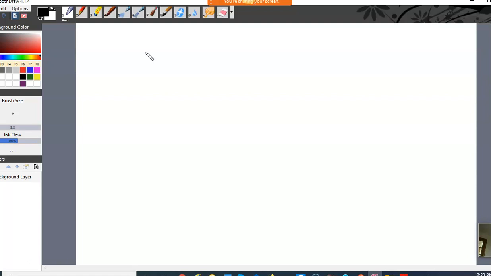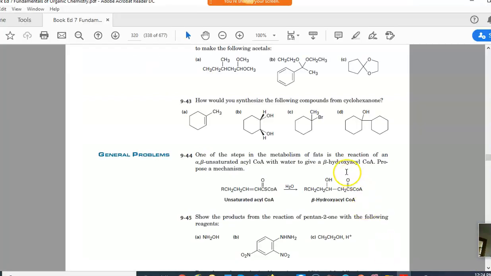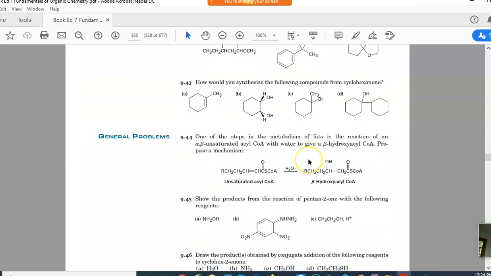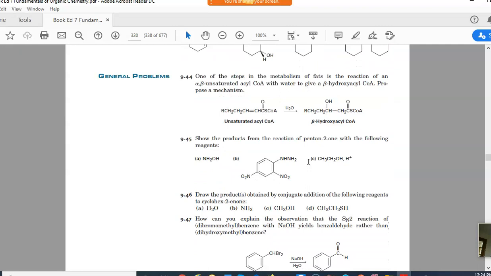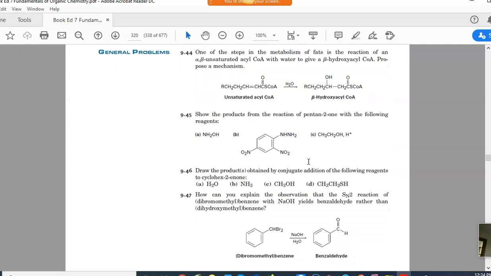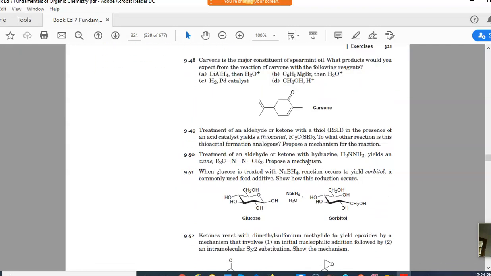The imine will only occur if you have a simple ketone or aldehyde. But if you have an alpha, beta unsaturated ketone, it's always going to go 1,4. And it's because the amine is a weak nucleophile. If it was a strong nucleophile, it would go 1,2.